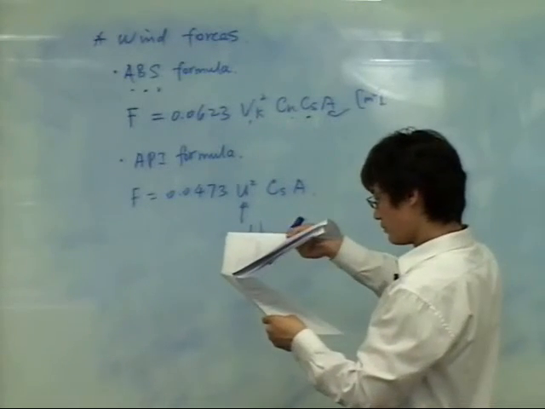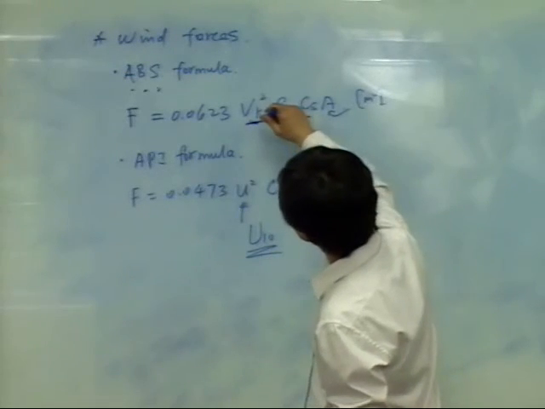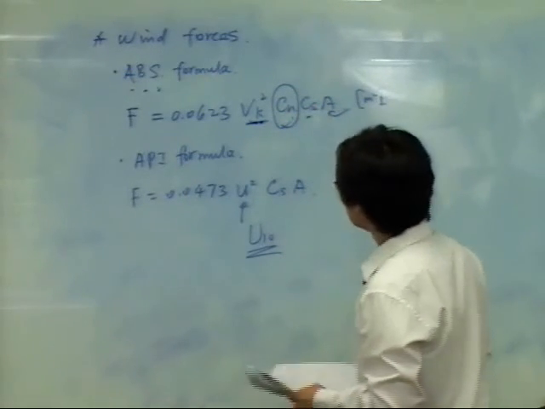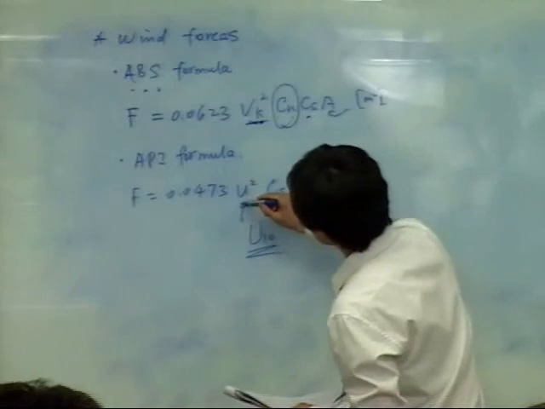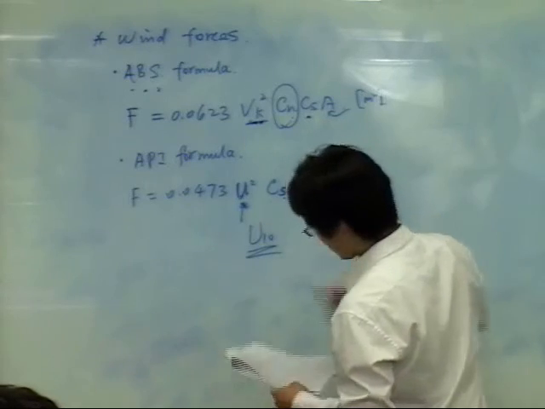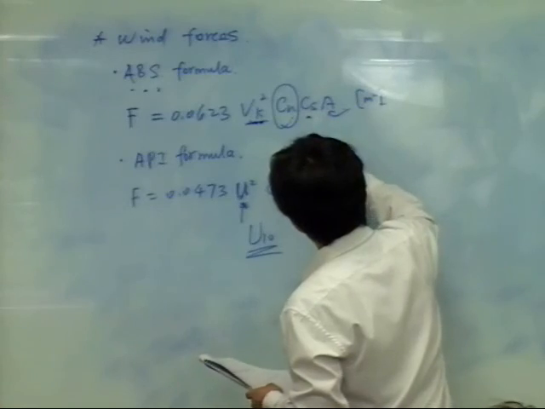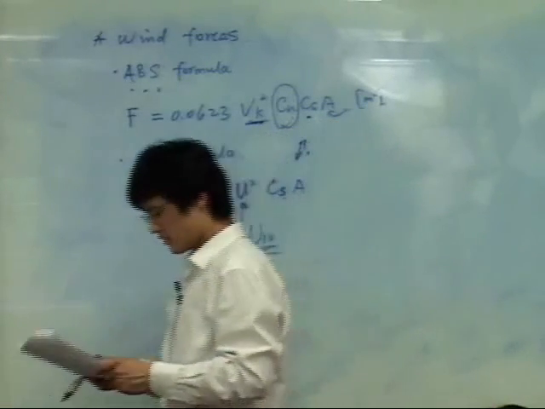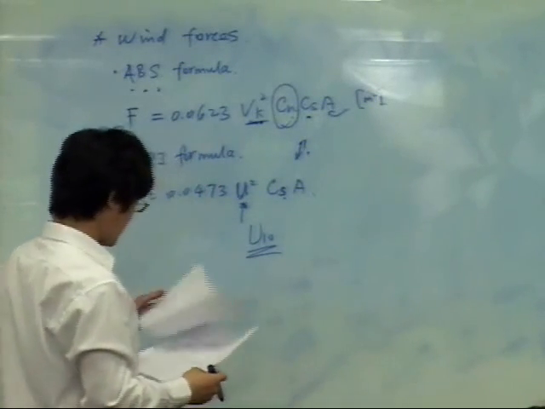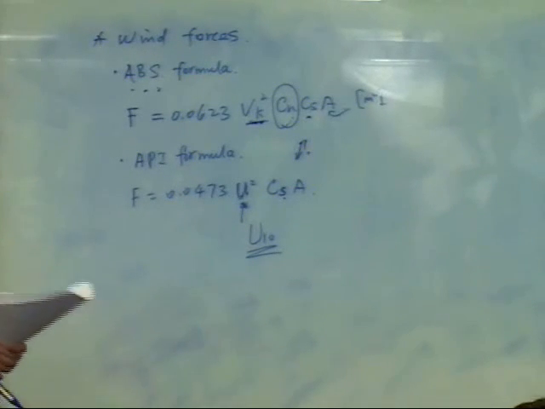This U is not; this is a U measured at a certain level. That's the reason you have a height coefficient. And here this is U10, so you only have a shape coefficient. So surely this 2CS is not the same, because it's from different rules.